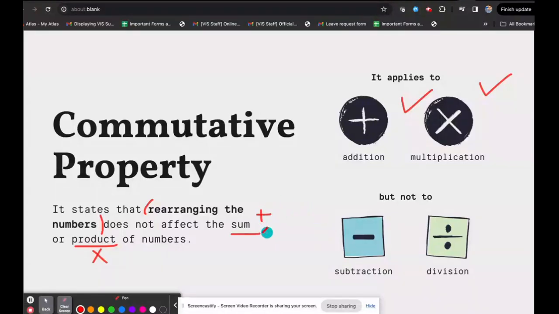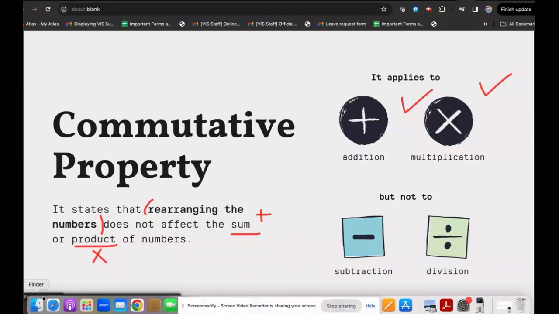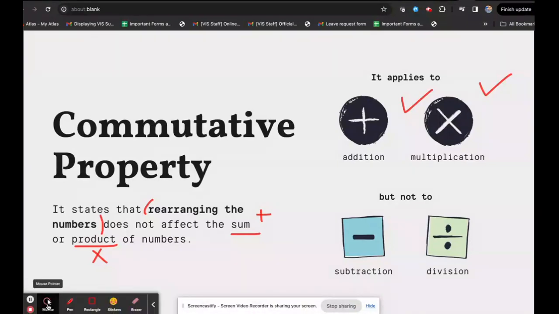Or if we add two numbers like 2 plus 4, and change the order, 4 plus 2, we will get the same answer. This property is called the commutative property of addition or multiplication. Remember that this property does not apply to subtraction and division.